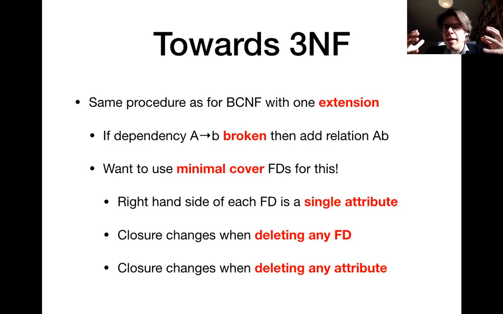So broken means attributes from a functional dependency that used to be in the same relation are, after the decomposition, now in different relations. So in order to verify that the functional dependency holds for all data, you would have to essentially join them together, unless you add a new relation which contains all that data in one relation. And this is what a third normal form is doing.